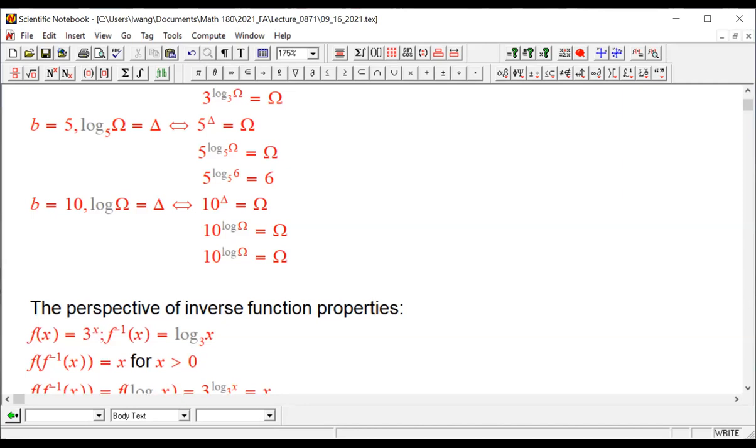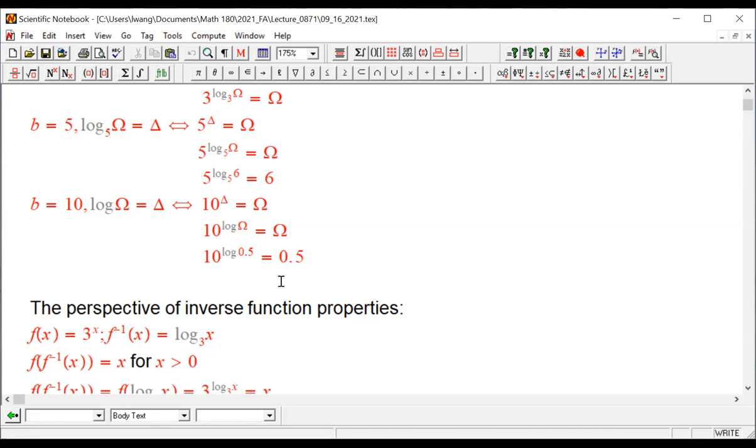So whatever this is, if this is 1,000, this is going to be 1,000. And of course you have to check these things: base 10, log base 10, and there's nothing before log. If this is 0.5, this is going to be 0.5.